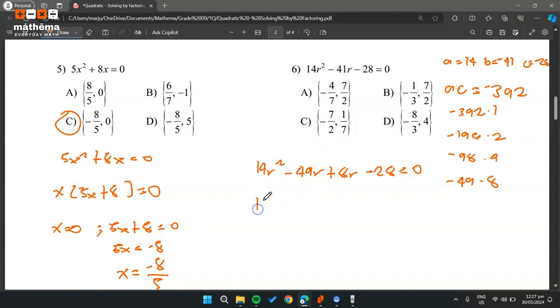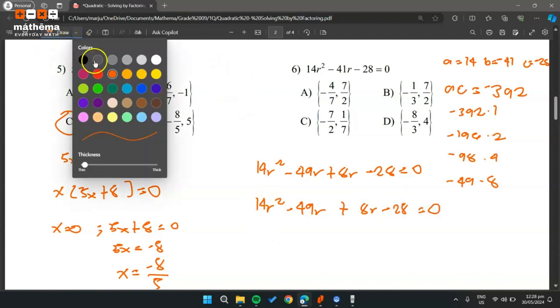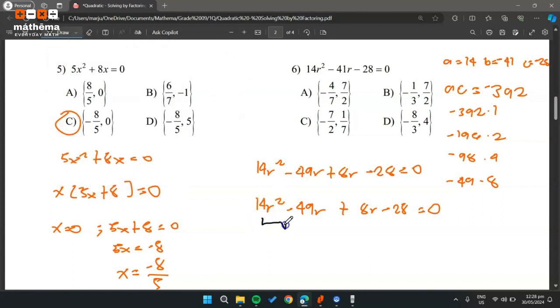So we have 14r squared minus 49r plus we have 8r minus 28. Again, this is equal to 0. What is common here? We actually have 7r, right? So we factor out 7r. What will remain is just 2r minus 7.